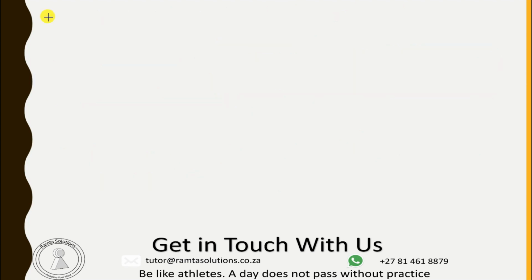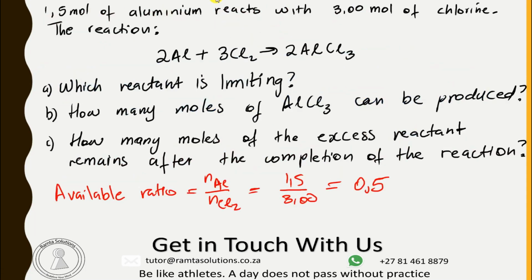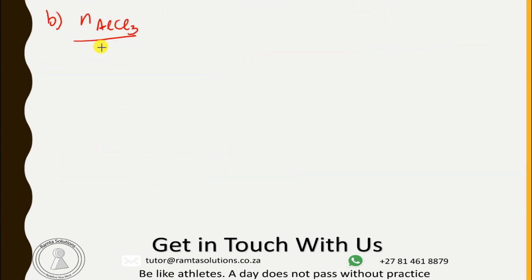This will be according to the number of moles of the limiting reactant. So what is the coefficient of aluminum trichloride? It's 2. So it will be number of moles of aluminum trichloride over 2 is equal to, what is our limiting reactant?